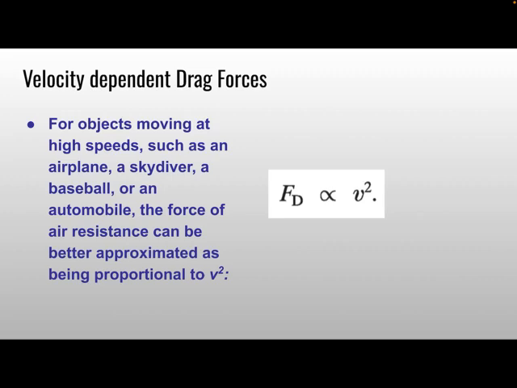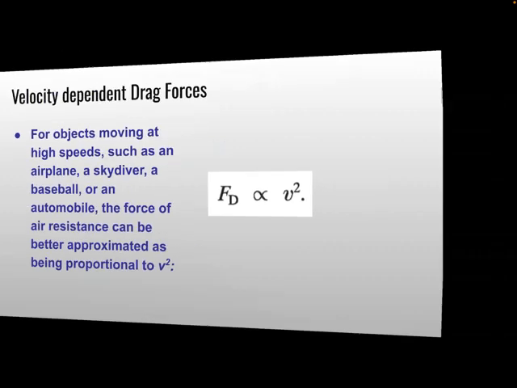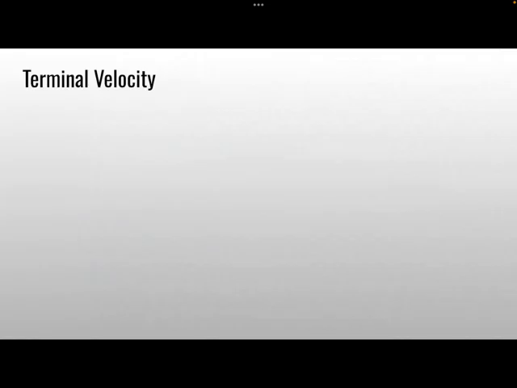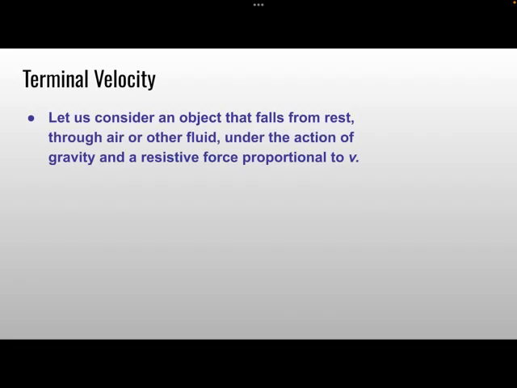Now, when we talked about air resistance, we talked about a concept known as terminal velocity. Terminal velocity is the velocity that an object reaches as it falls through the air when air resistance increases to be equal to the force of gravity.